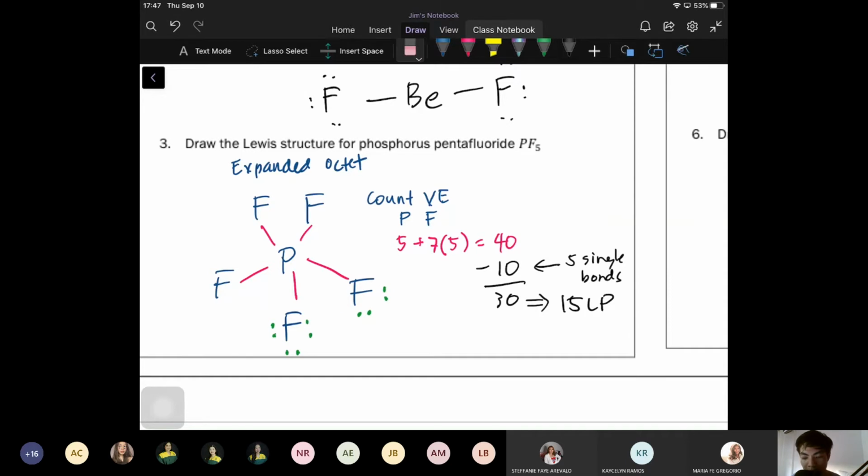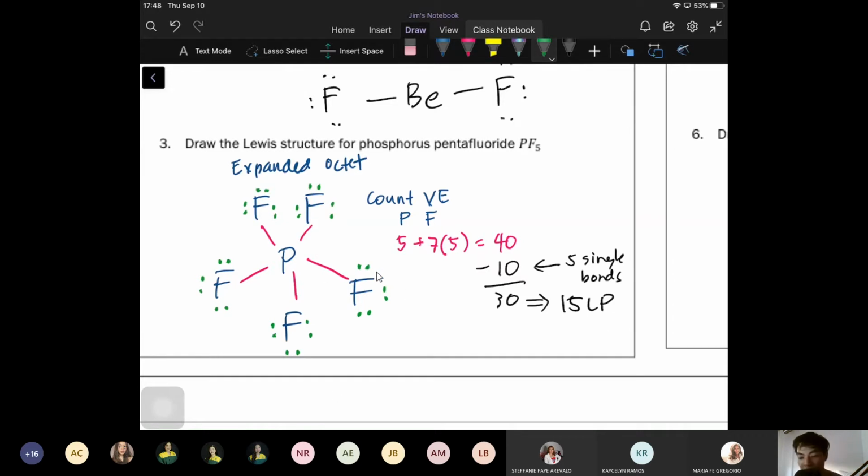Dito na lang sa taas. 7, 8, 9, 10, 11, 12, 13, 14, 15. Okay, so yan. The 15 lone pairs are all distributed to my terminal atoms. So, walang natira para sa central atom. And that's okay. Okay lang yan.